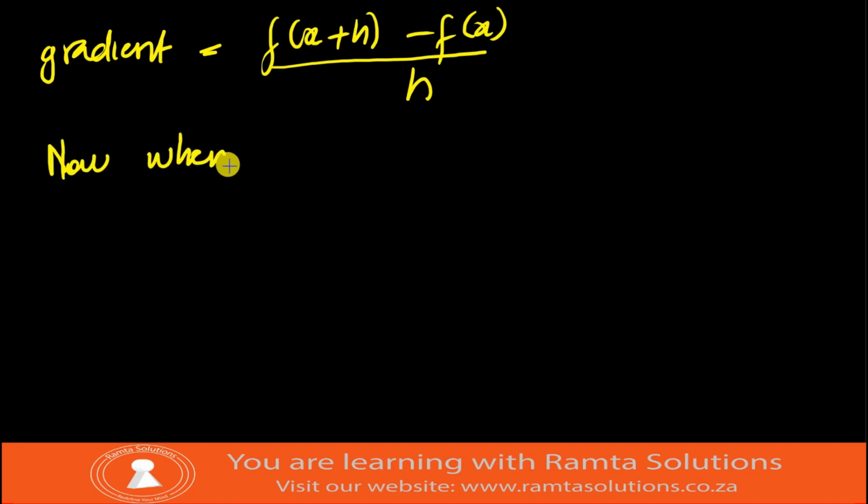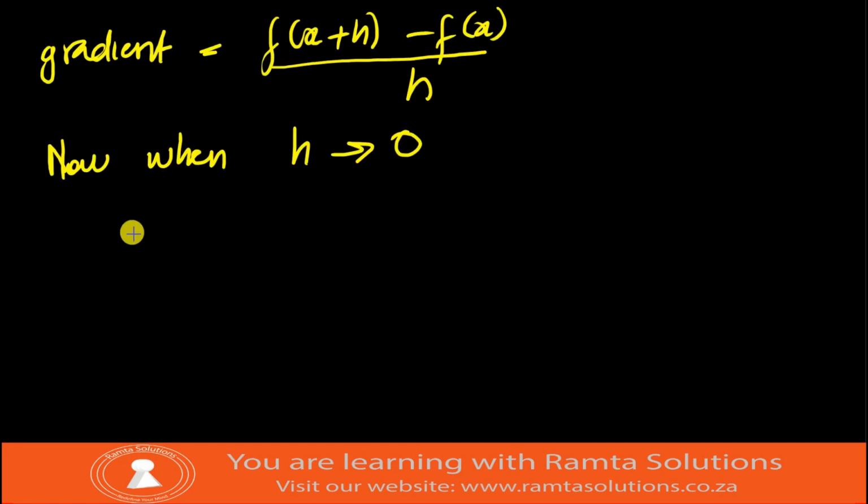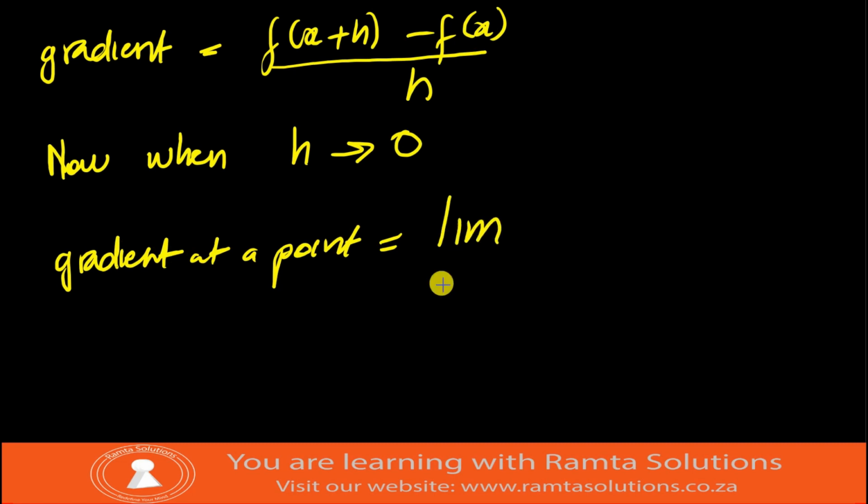When h approaches 0, remember h was a big number and then it reduces until it gets to 0. Now we say the gradient at a point is basically this gradient between 2 points, but with a limit. That limit is when h approaches 0. This arrow here means h approaches 0.